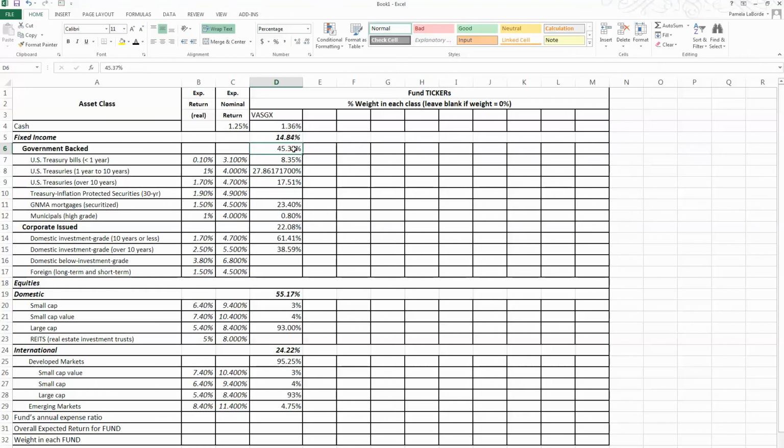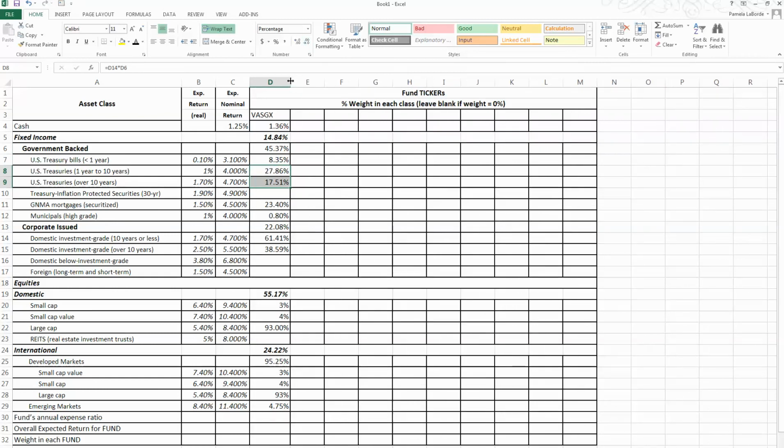And I'm going to actually delete this. Oops, no, I don't want to delete that. I'm not going to use this number in any calculations, the 45%, other than these two calculations that I just did. And I'm just going to shorten the number of decimal places so it looks a little better.